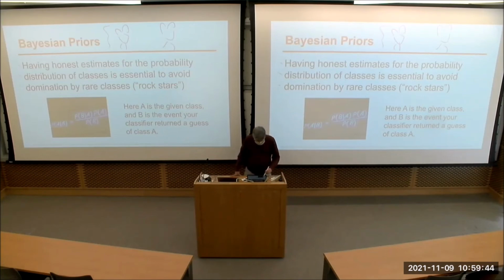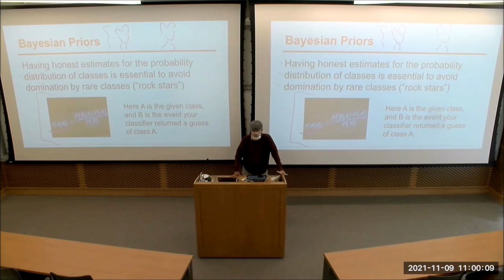So this is where the idea of using some kind of a Bayesian prior is an important thing. Remember what Bayes' law was. Bayes' law said that the probability of the label A given the evidence B, where the evidence B is the vote of a classifier.